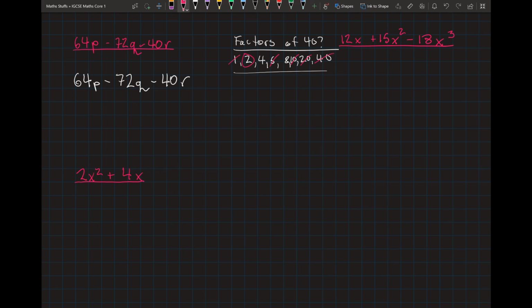Alright, so that leaves us with 2, 4, and 8 to consider. Let's write this out so you can see how this works. We're going to do 64 over 2, 64 over 4, and 64 over 8.